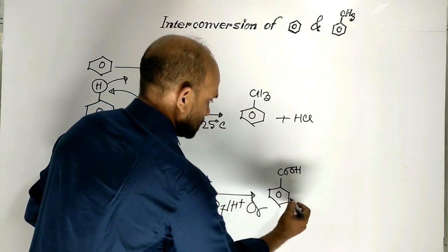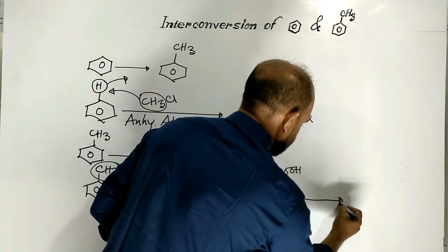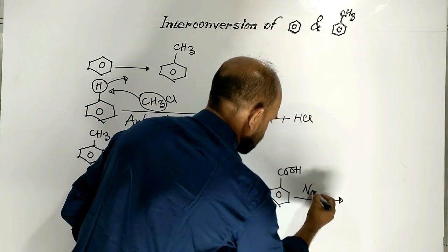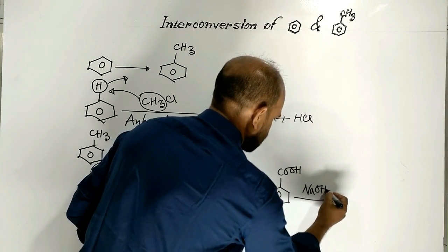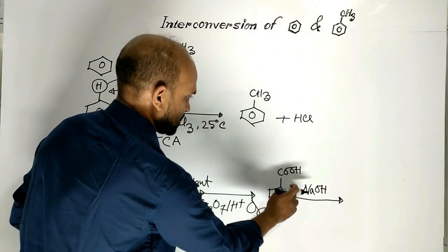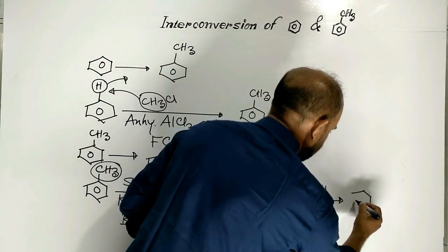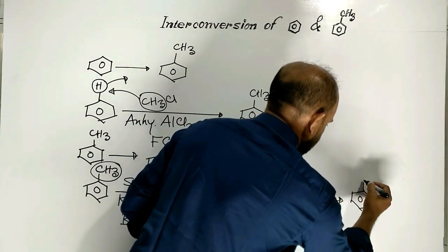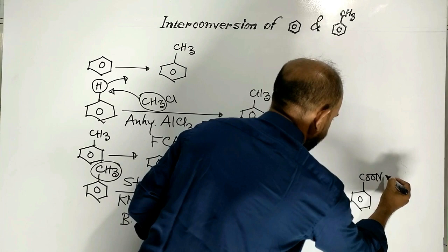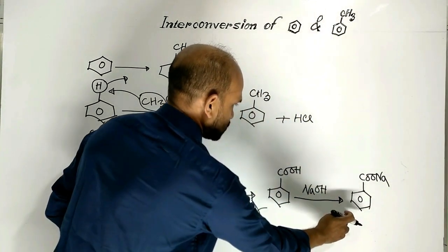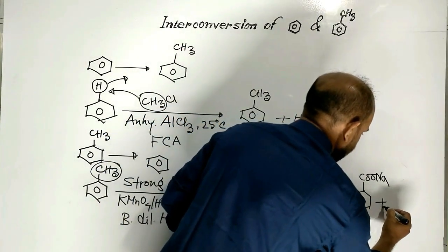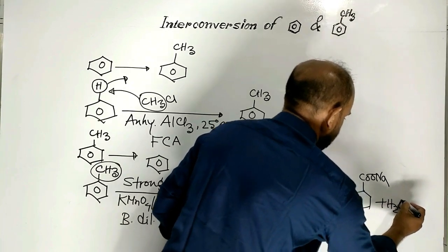Now, this benzoic acid is treated with base like sodium hydroxide or potassium hydroxide to form sodium salt of benzoic acid. Here byproduct is water.